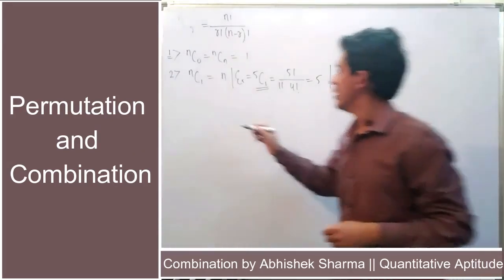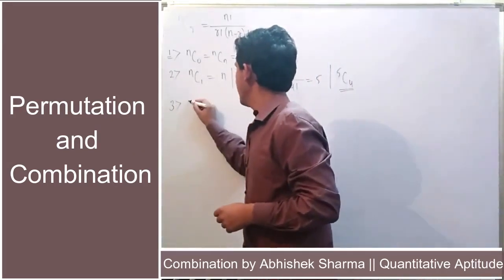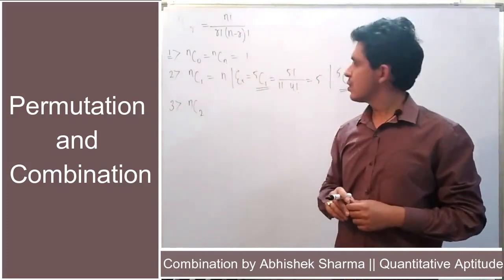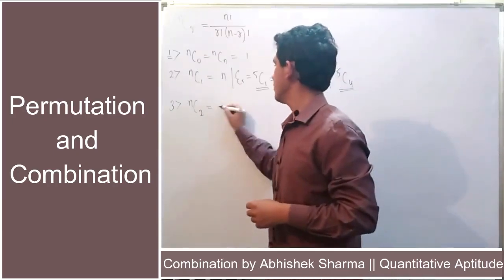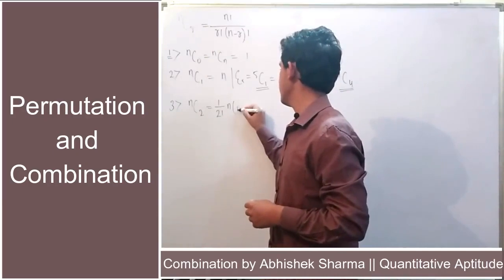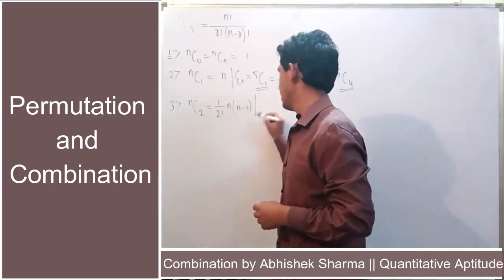Third, if I have to select 2 things out of N, this can be written as 1 by factorial 2 multiplied by N multiplied by N minus 1.